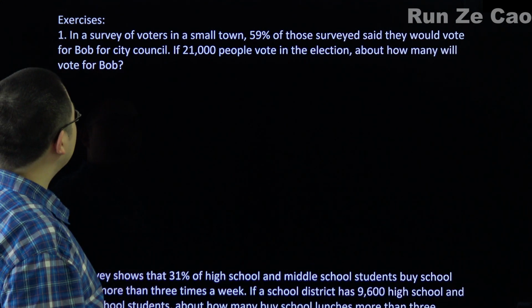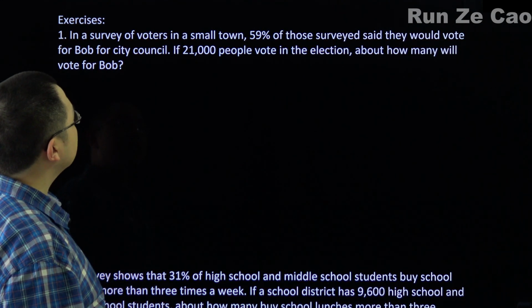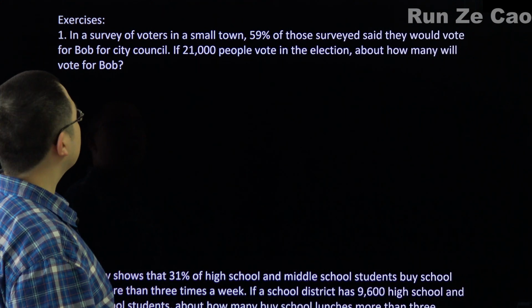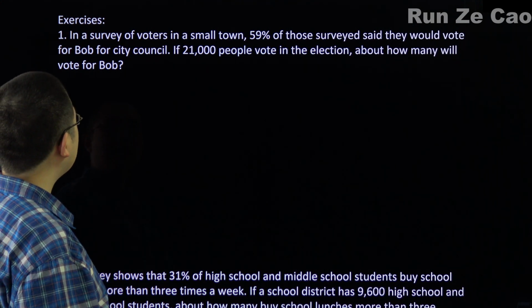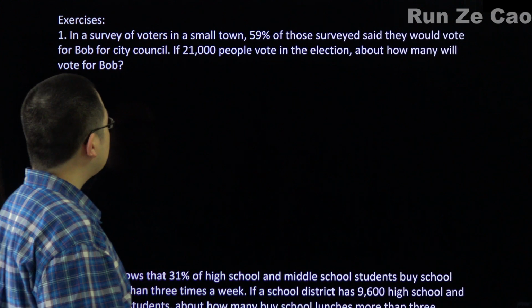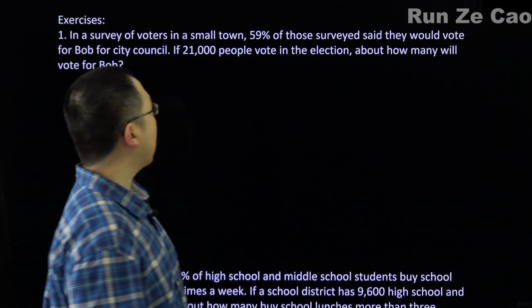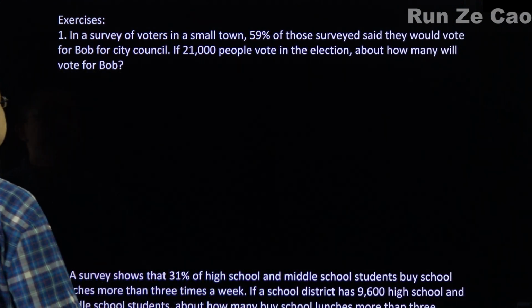Exercises. In a survey of voters in a small town, 59% of those surveyed said they would vote for Bob for city council. If 21,000 people vote in the election, about how many will vote for Bob?